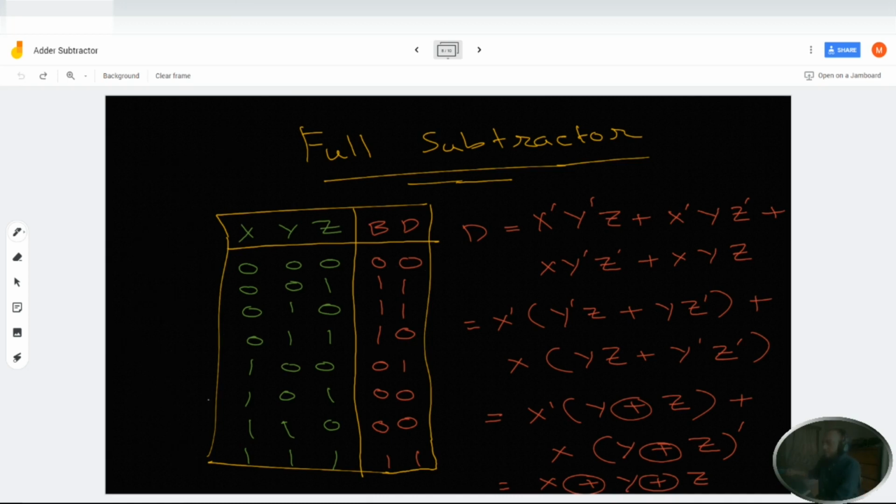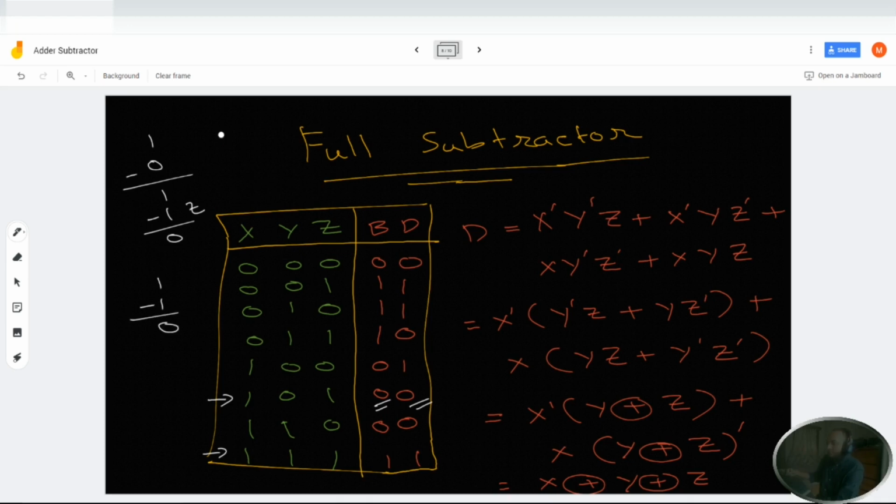Then for this pattern we have x as 1, y as 0, so we will find the result of x minus y as 1, and then if we subtract z, which is 1, we will find the result as 0, so our difference will be 0. And as we didn't borrow anything, our borrow will also be 0. Then for this case, our x is 1, our y is 1, so x minus y will result in 0.